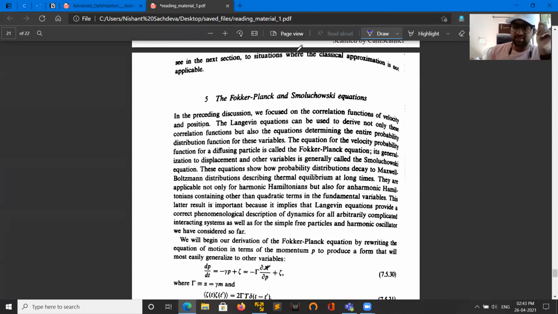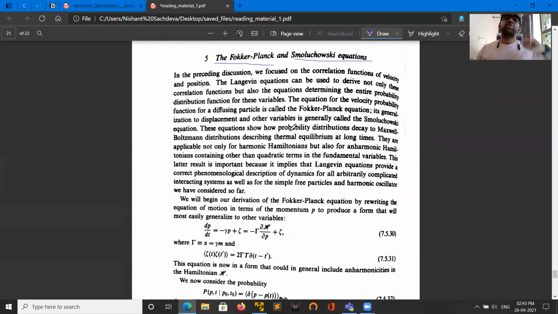Finally, we come to the last section of our reading material, which is called the Fokker-Planck and Smoluchowski equations. It's a nice name. In the preceding discussion, we focused on the correlation functions of velocity and position.